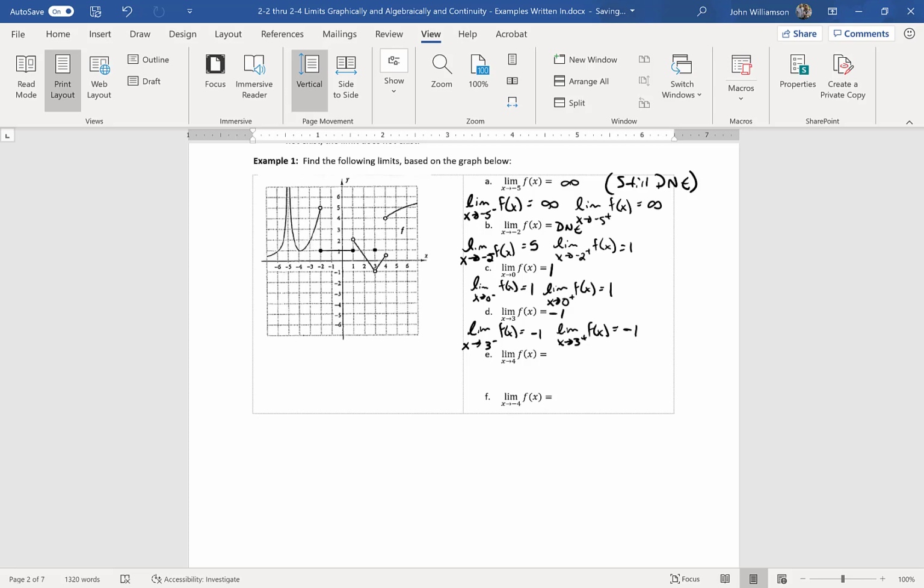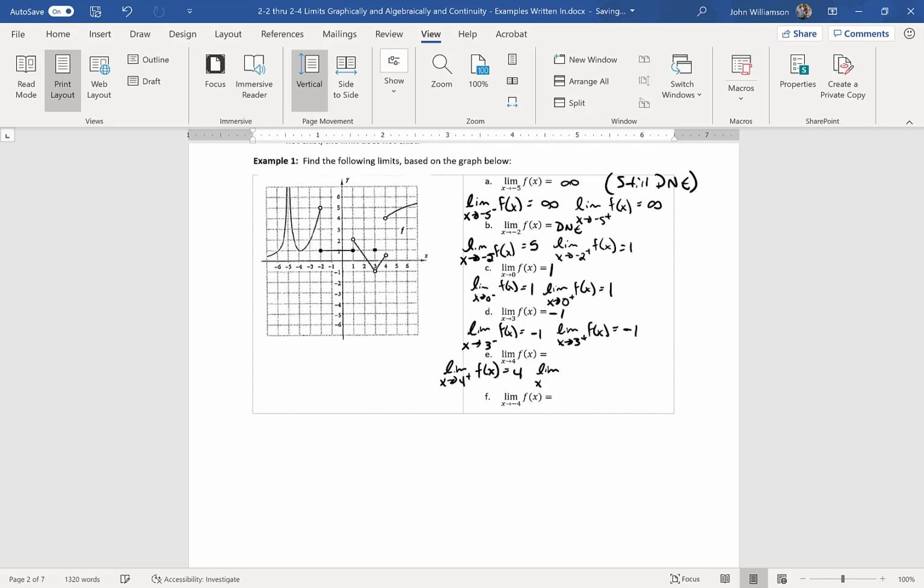For our next one, the limit as x is approaching 4 from the right is the first thing we need to check. And keep in mind, it doesn't matter if you check from the right or from the left first, as long as you're checking both one-sided limits. So the limit as x is approaching 4 from the right. We come into 4 from the right, and we are approaching 4.